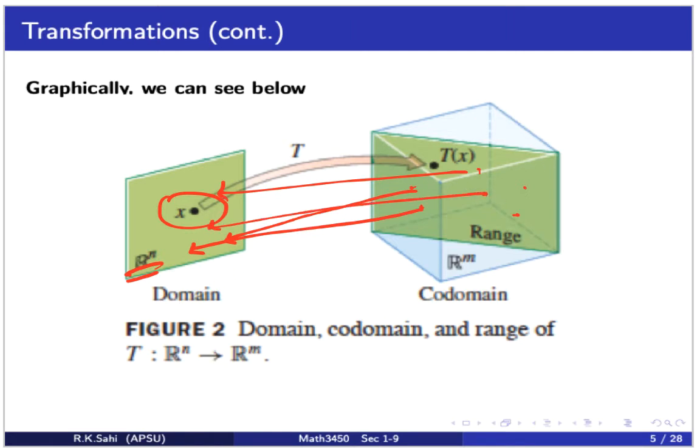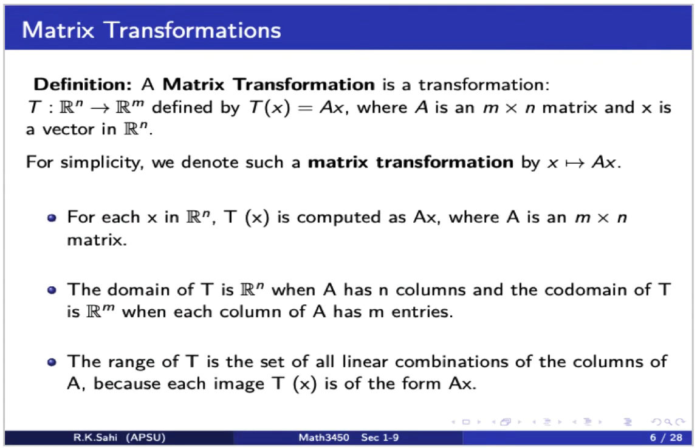Now, what's a matrix transformation? A matrix transformation is a transformation from Rn into Rm, which is defined by Tx equals Ax, where A is a matrix of size m by n and x is a vector in Rn. In other words, when we are going from Rn to Rm, we have this transformation T. Now this T is defined by the multiplication of the matrix A by the vector x in Rn.